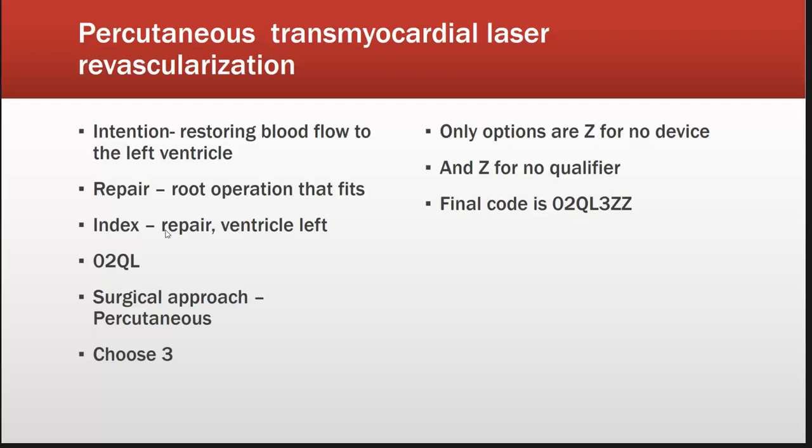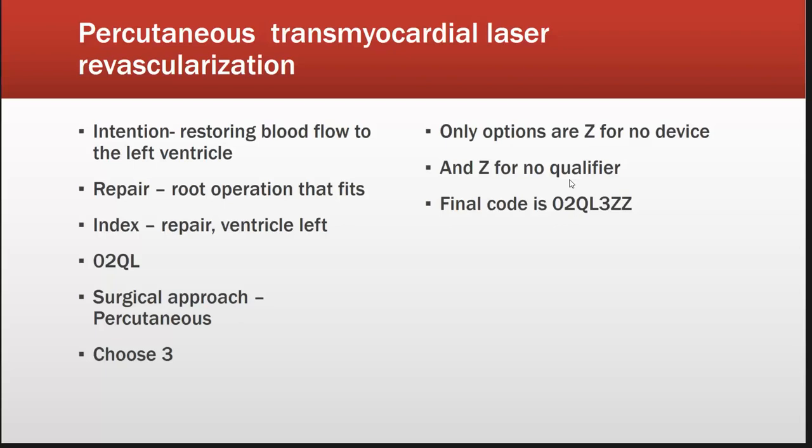So we're going to index the main term of repair, then the location, ventricle left. We're given 02QL in the alpha. We move to the 02Q table. We verify our body part value. The next choice we have to make is for the surgical approach. It states in our clinical statement, percutaneous. That choice is 3.